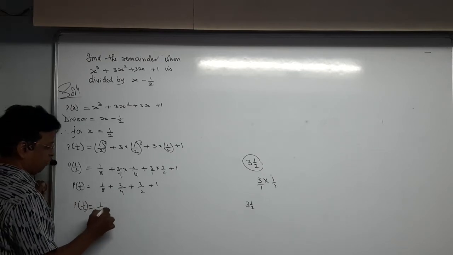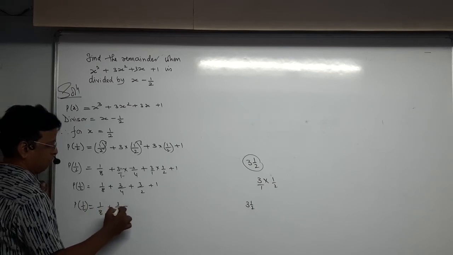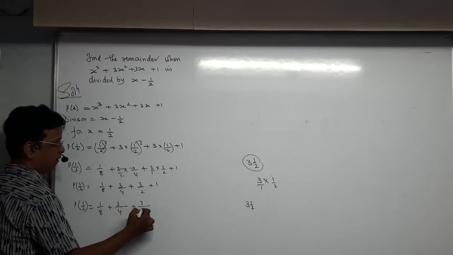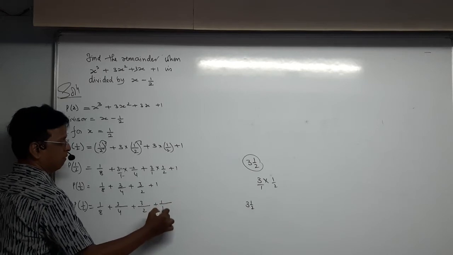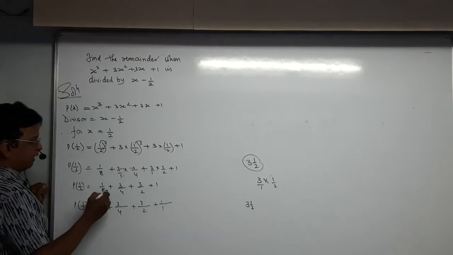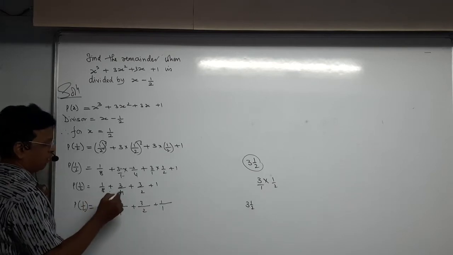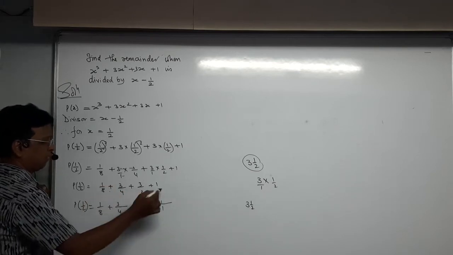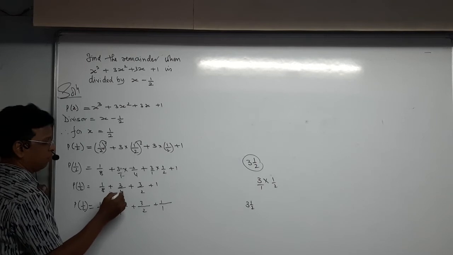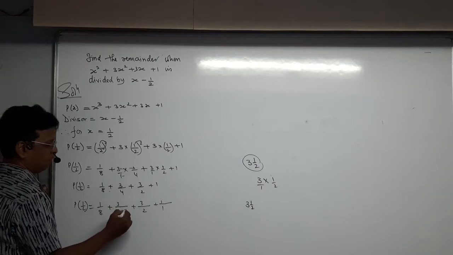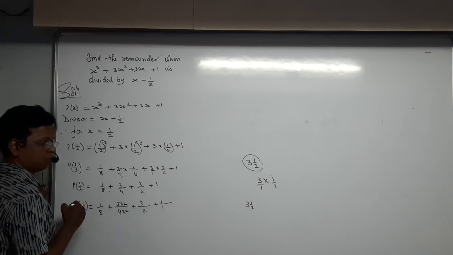Now if I want to equalize all, the denominators are unequal, and unequal denominators cannot be added. If I want to make this 8, I will multiply by 2, but then in the numerator also I will multiply by 2.